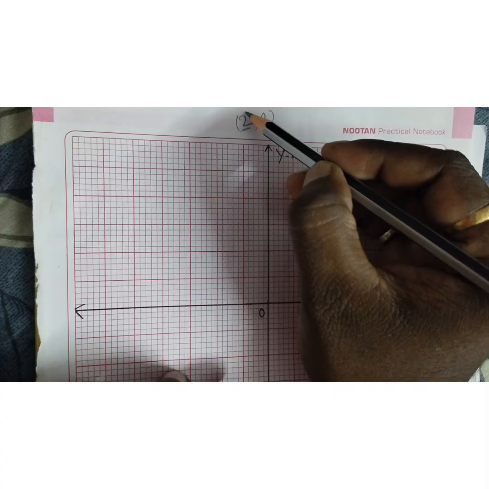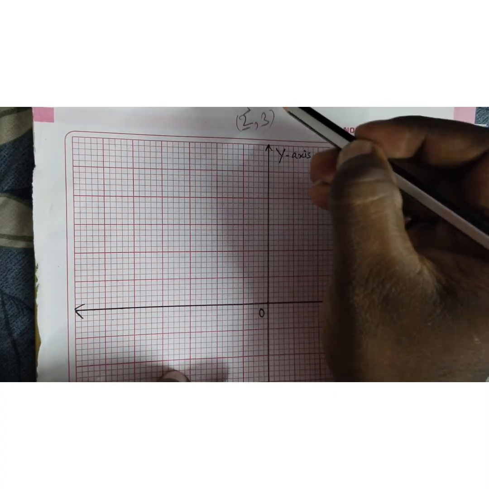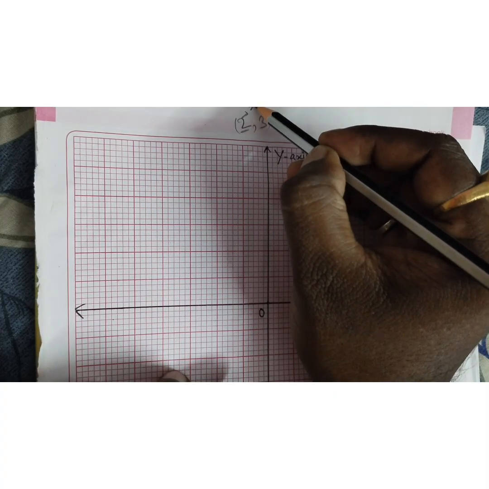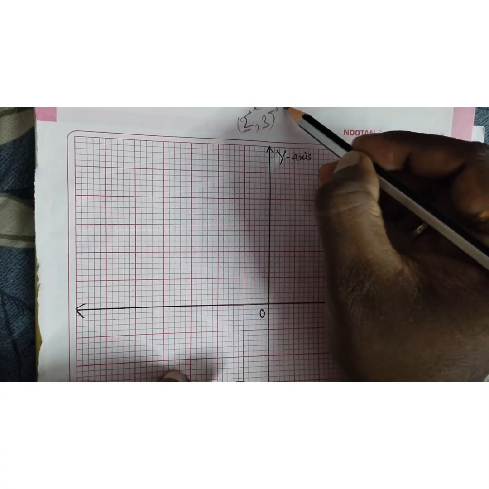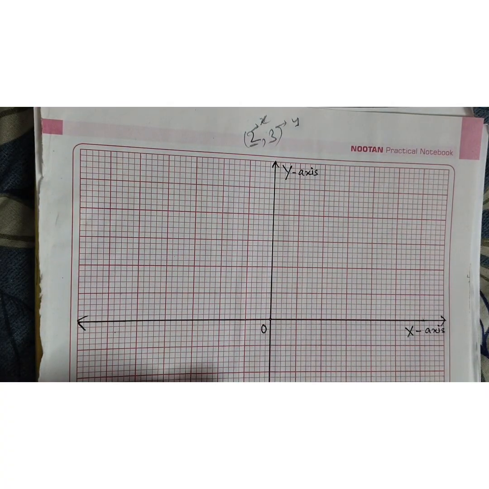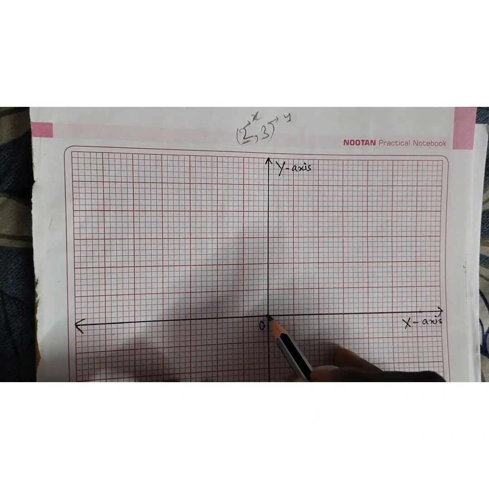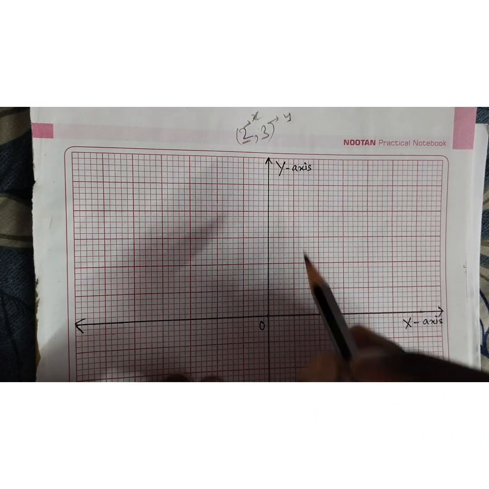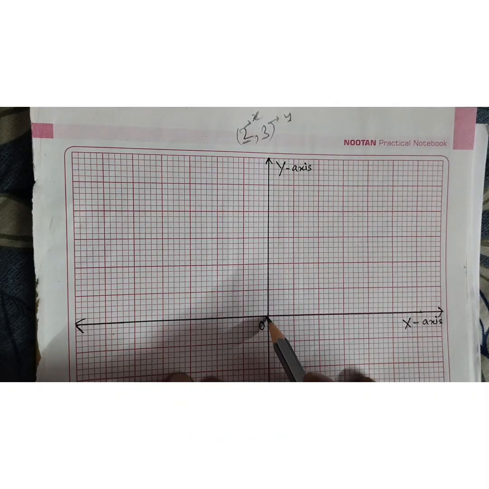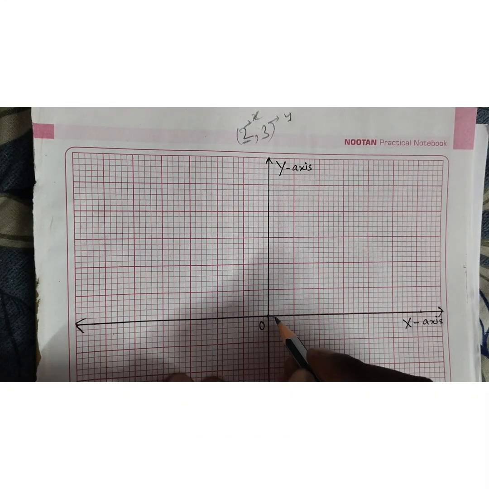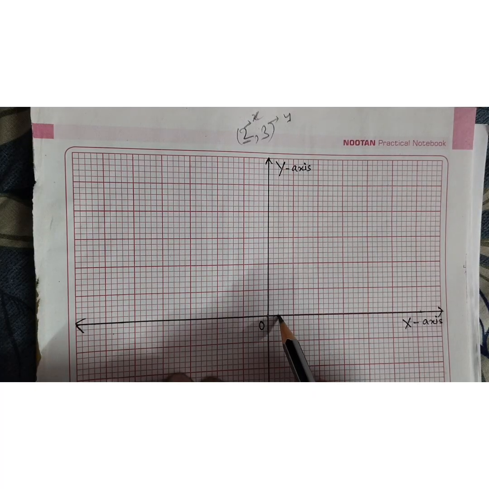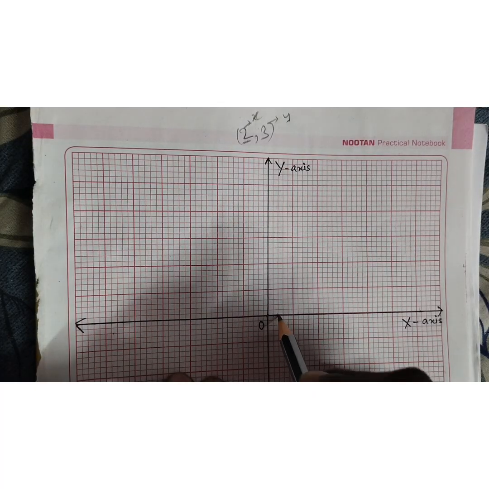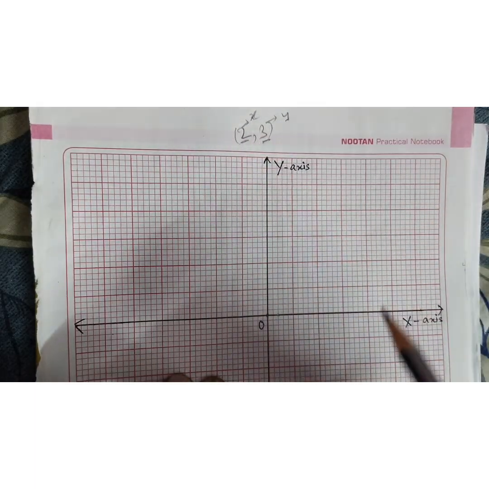the first coordinate gives the coordinate along the x-axis, and the second coordinate gives the coordinate along the y-axis. We know these things. So first we start from the origin. Since 2 is given first, along the x-axis we will move 2 units. So 1 and 2. We have moved 2 units along the x-axis. After that we will move 3 units along the y-axis.